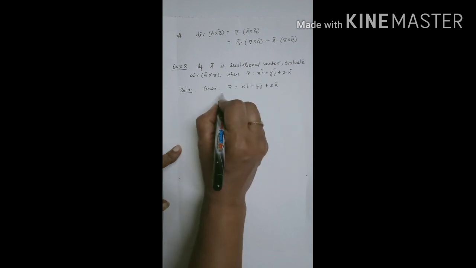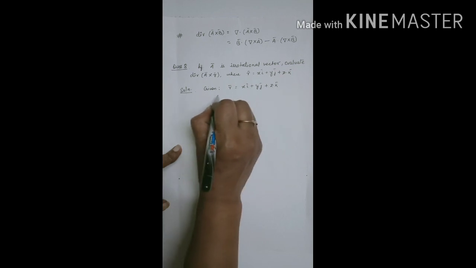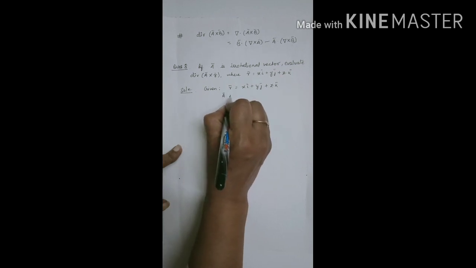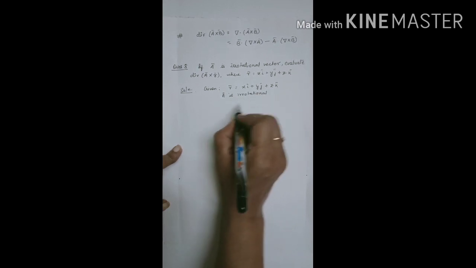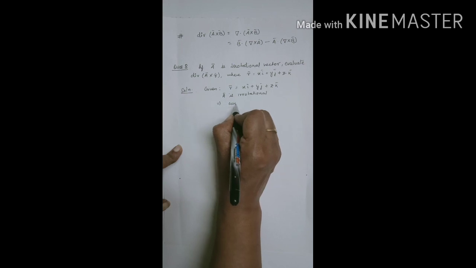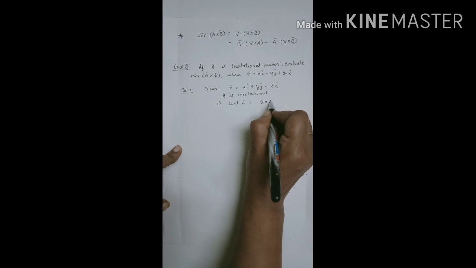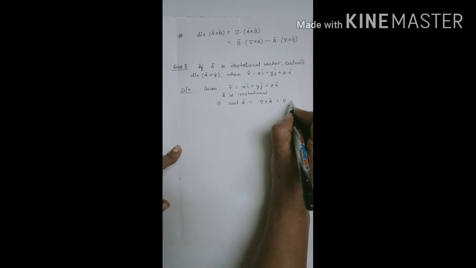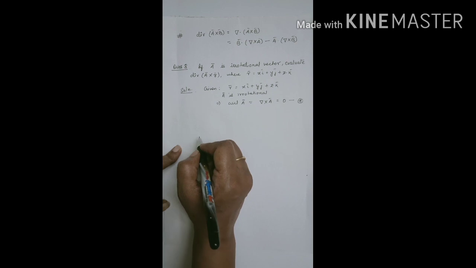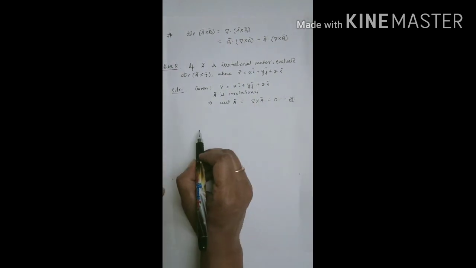Second information they have given you is that A is irrotational, which implies that curl of vector A, that is del cross vector A, is 0. Let this be equation A, because we will be using this, that's why I am naming it equation A.